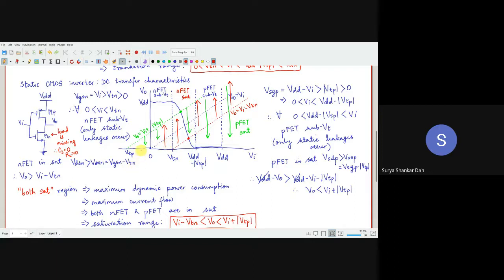So what do we understand? If you notice between this green boundary and the red boundary, what is the condition? Both PFET and NFET are in saturation.